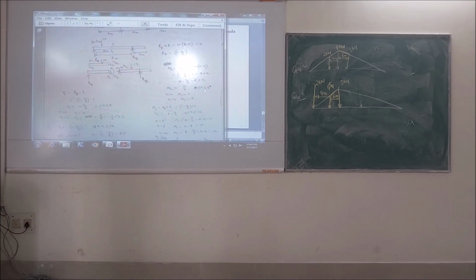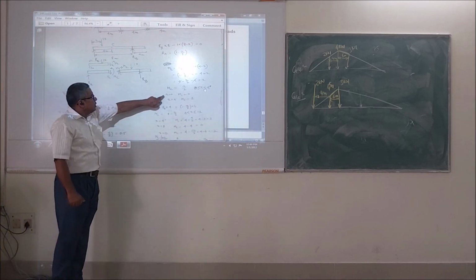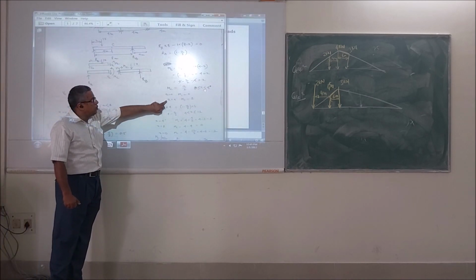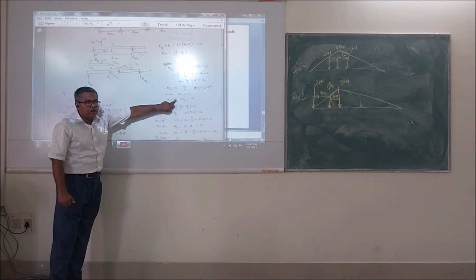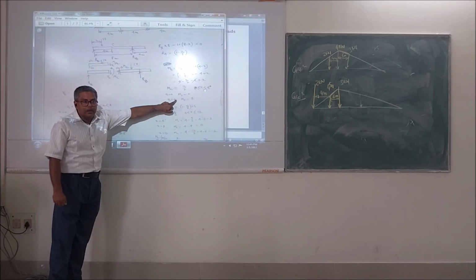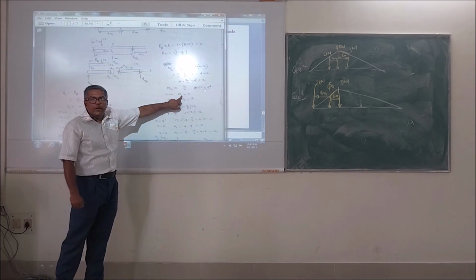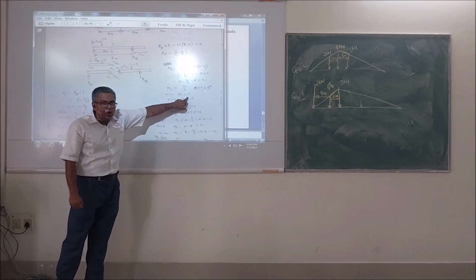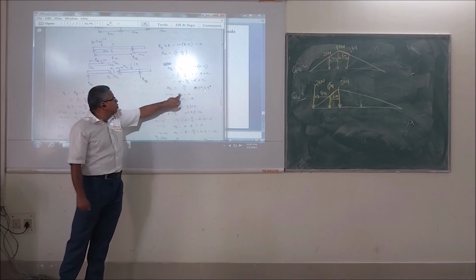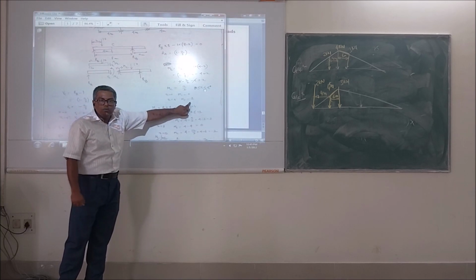Correct or no? Now with this, what will I do? I will put x equal to 0, I will put x equal to 4, and I will put the limiting value x equal to 4 minus. Right? If I put this, I am getting the value of moment at x equal to 0 as 0, and at C as 4 by 2. Clear?